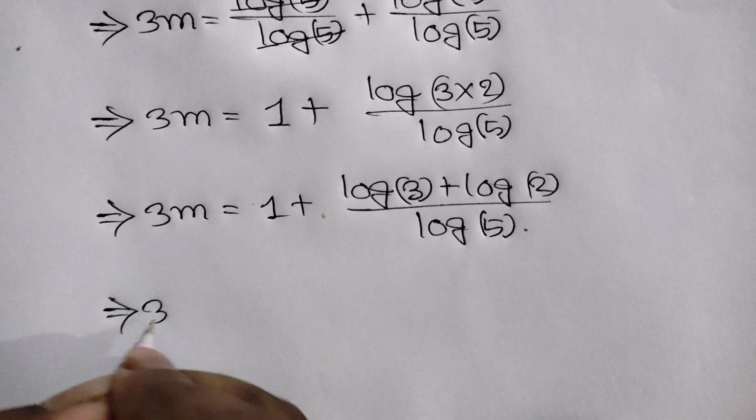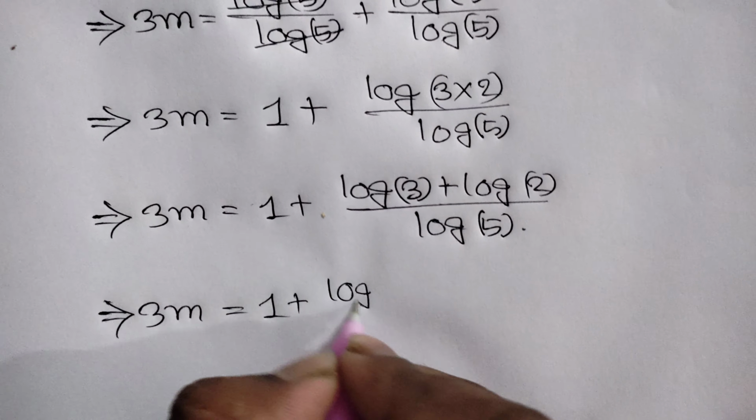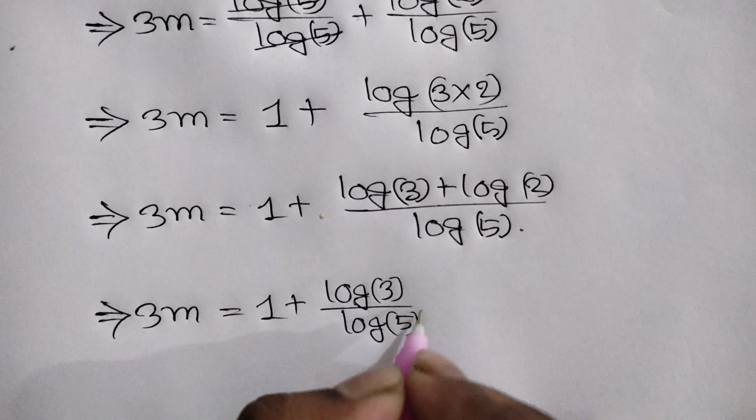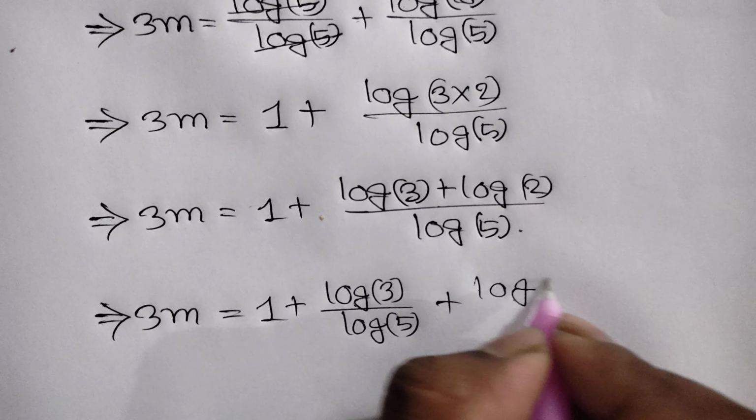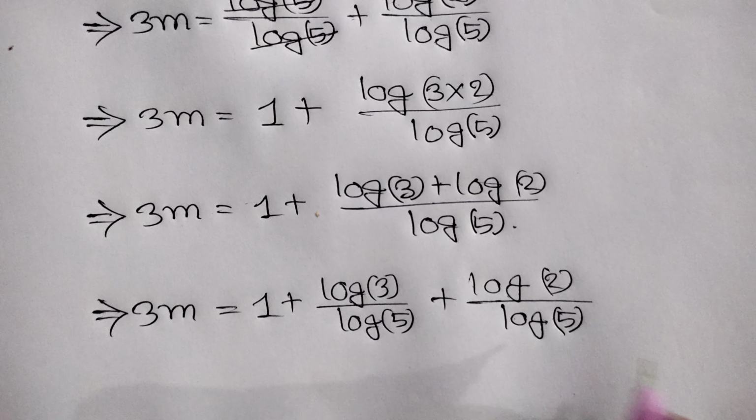So 3m is equal to 1 plus, now we can write log of 3 over log of 5 plus log of 2 over log of 5.